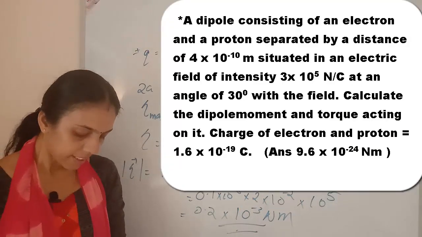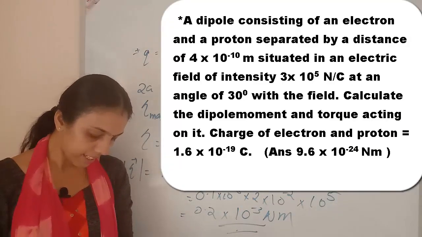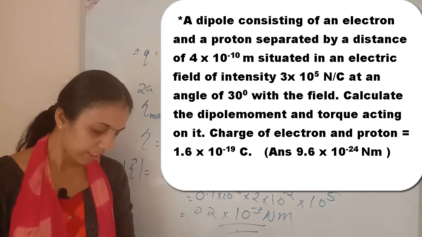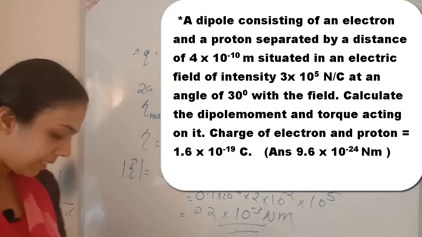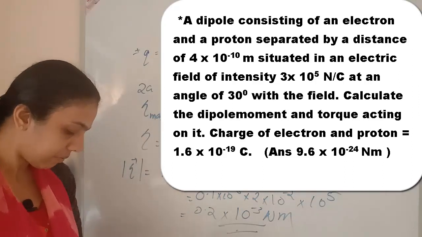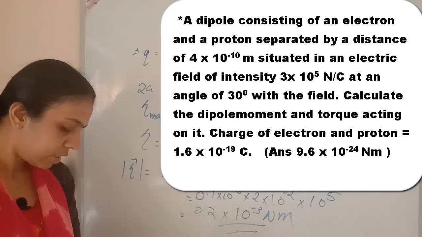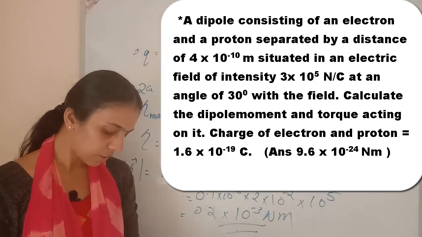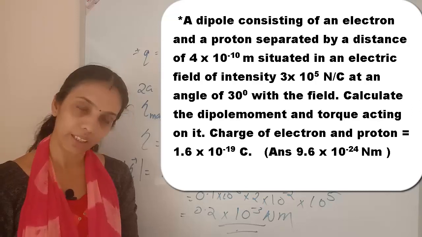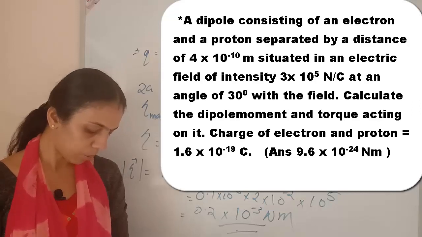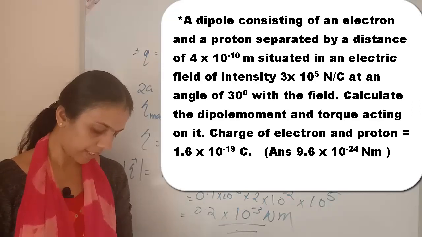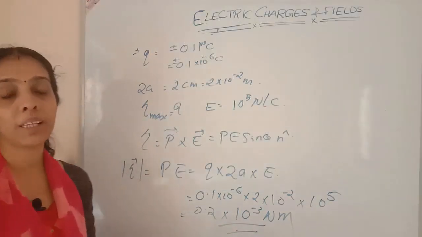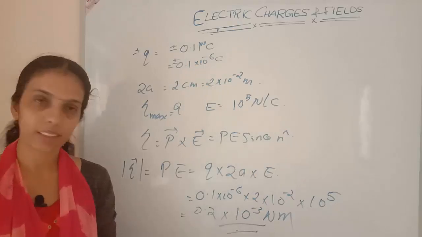Next question. A dipole consisting of an electron and a proton separated by a distance of 4 into 10 to the power minus 10 meter is situated in an electric field of intensity 3 into 10 to the power 5 Newton per coulomb at an angle of 30 degree with the field. Calculate the dipole moment and the torque acting on it. Okay, so the charges of the electron and proton will be equal and opposite, right?